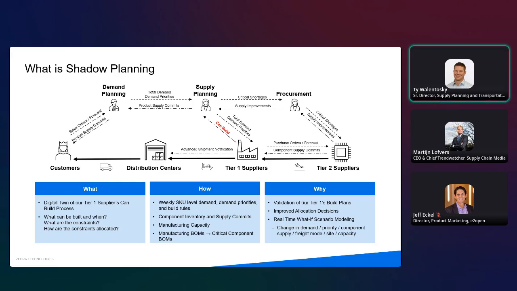So we have a lot of discussions with our regional sales teams around, hey, if customer X comes in and orders product Y, how long will it take us to build, and when can we deliver, right? And the motion that we have to go through to answer that question today is we're going out to our tier one partners, and it's taking them maybe a few days up to a few weeks to come back to us with that answer, right?